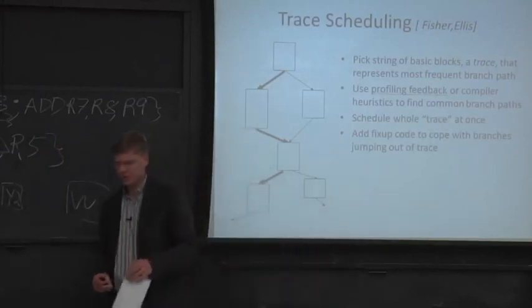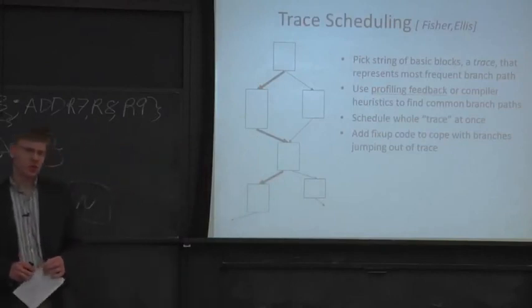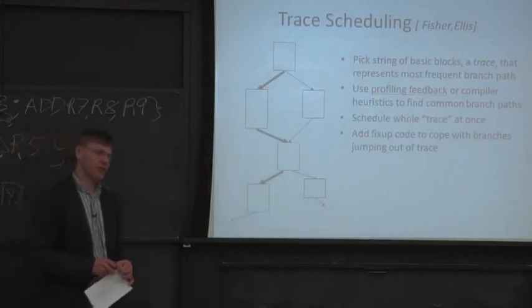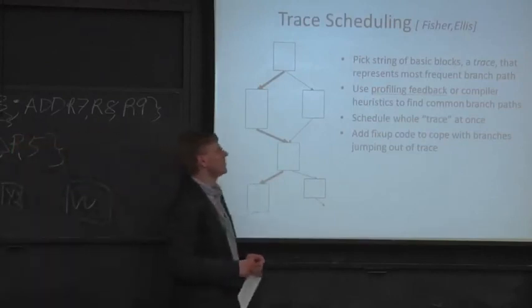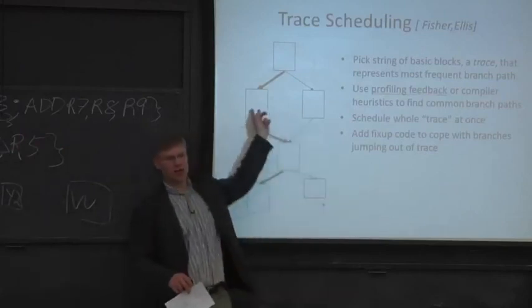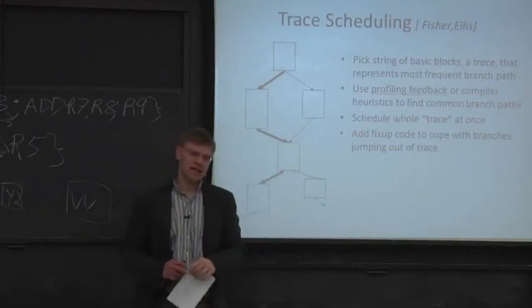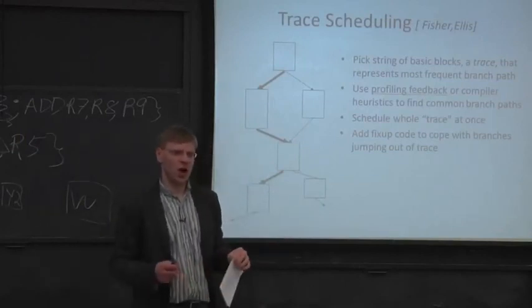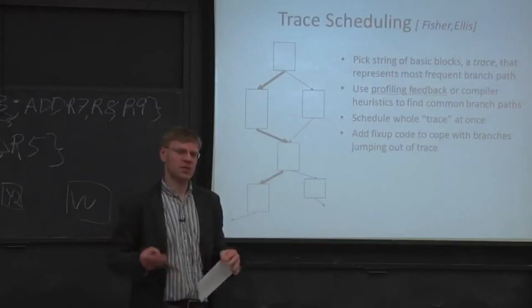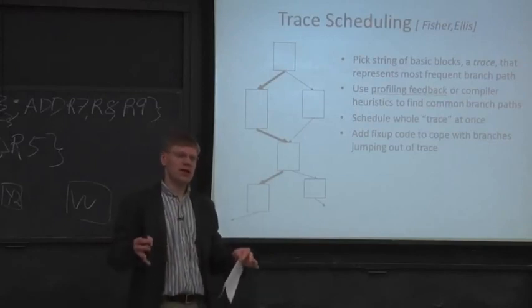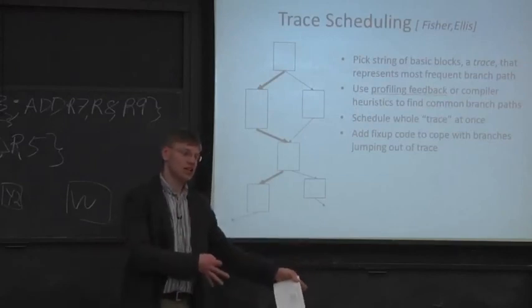So what you do is you profile the code. And you come up with the probabilities that these branches go one way or the other way. So when I say profiling, this is not something that the hardware is doing at runtime. This is something that you do with the program while you're still back in the compiler stage.